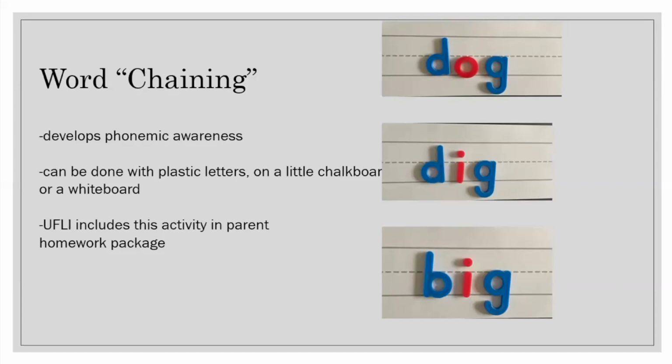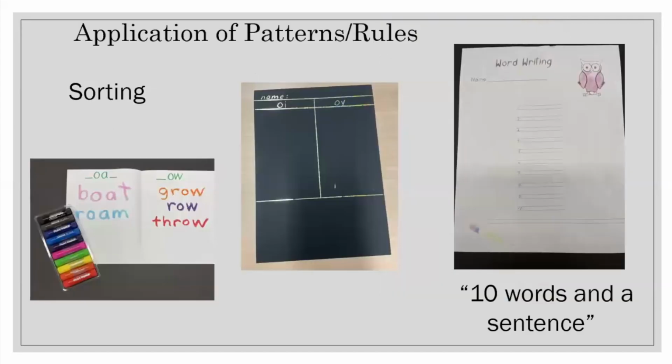After orthographic mapping and phonemic awareness activities, you want your students to apply the pattern or rule that they have been working on. You can practice applying a pattern or rule by dictating words and requiring students to fill them in on a sorting sheet.